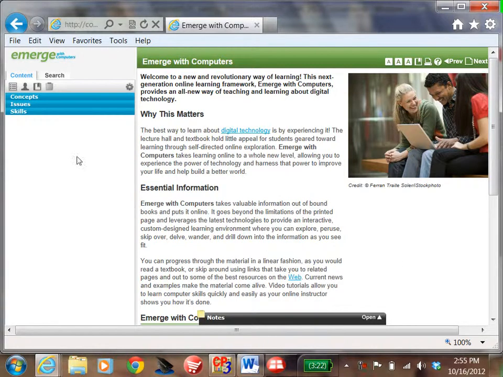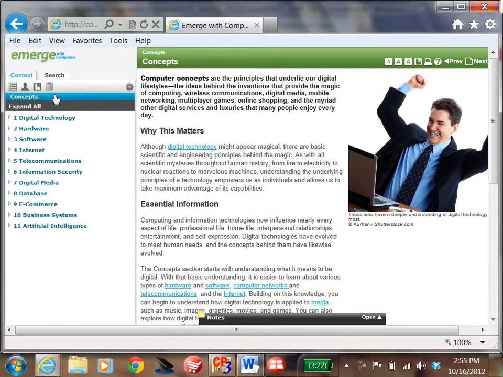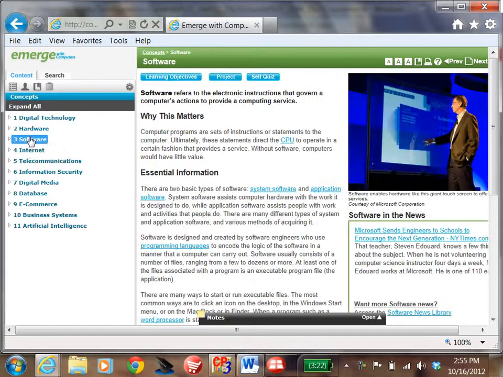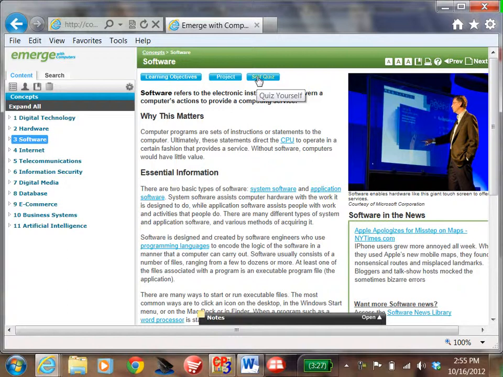So you can click on concepts, and it expands concepts. Let's say you look at software. This gets over to software, okay? And you can read, this is the beginning of the chapter on software. Notice here there's a self quiz, okay?